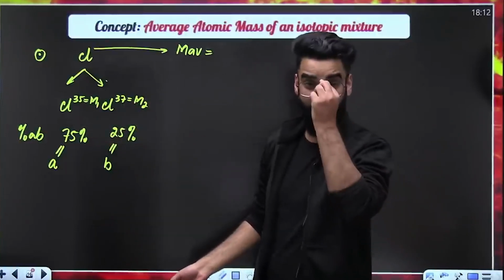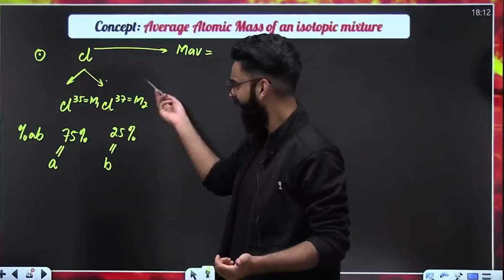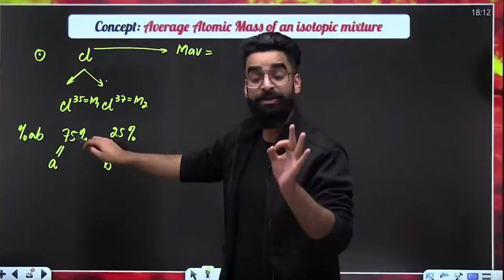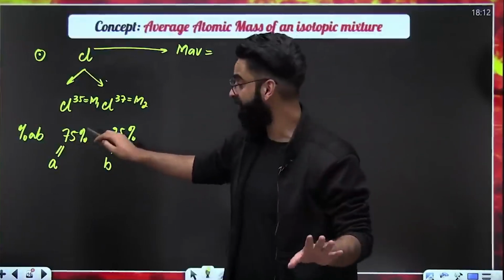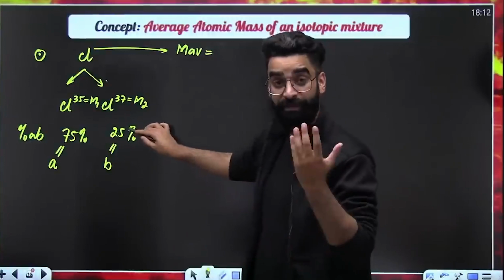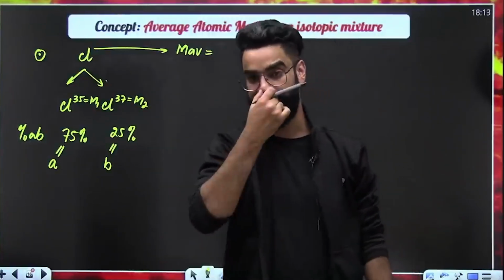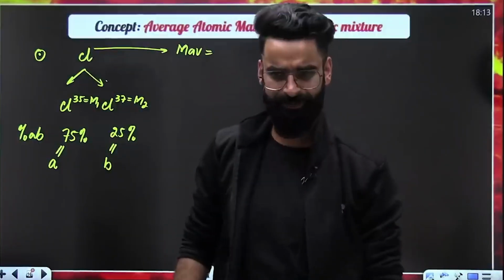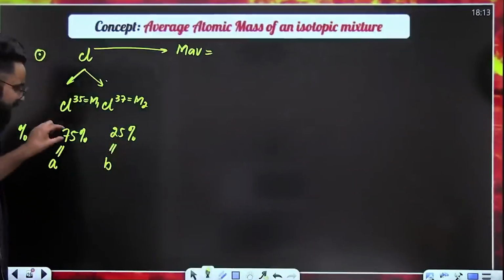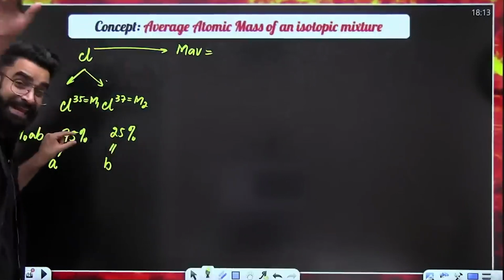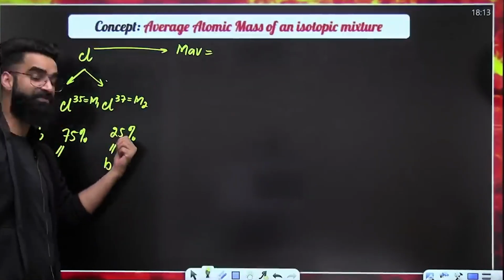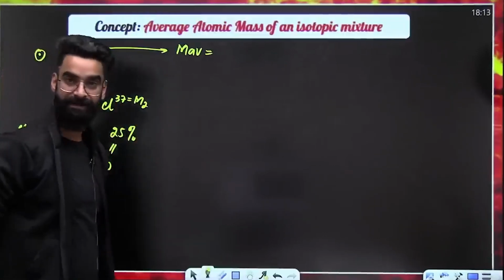Do remember, 75% of the chlorine atoms in nature will exist in the form of Cl35, and the remaining 25% of the chlorine atoms will be present in the form of Cl37. I'm giving you the percentage abundance of these isotopes. That means 75% of the chlorine atoms in nature are present as Cl35, and the remaining 25% as Cl37.